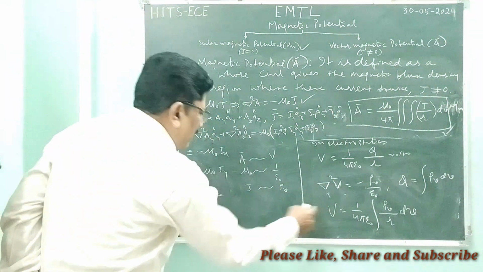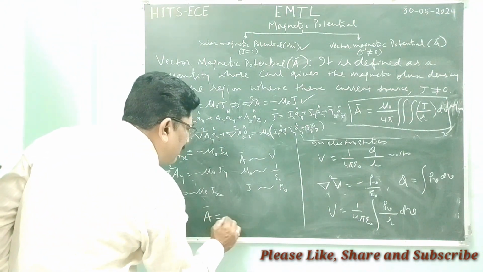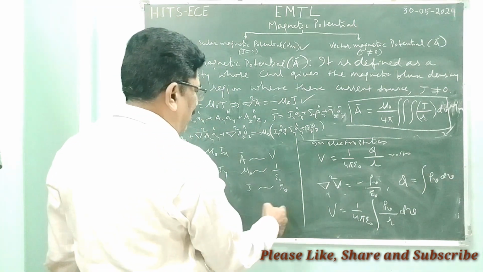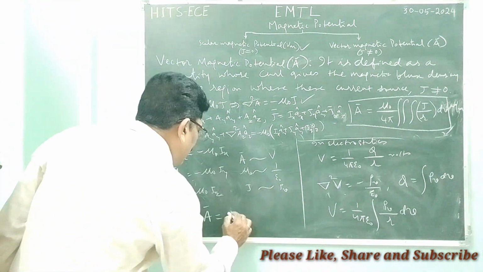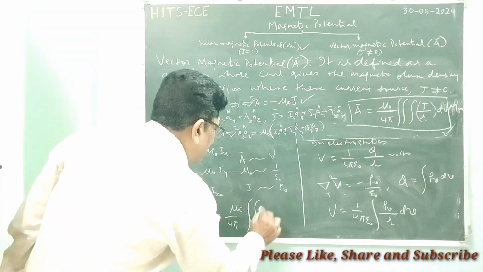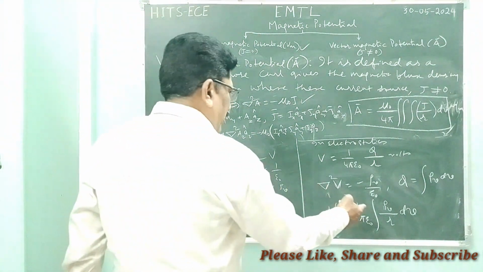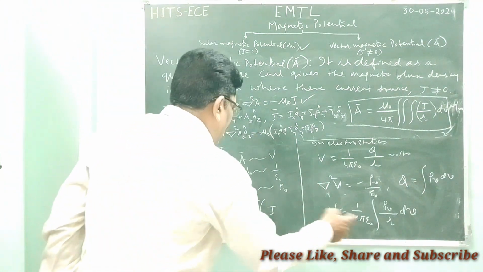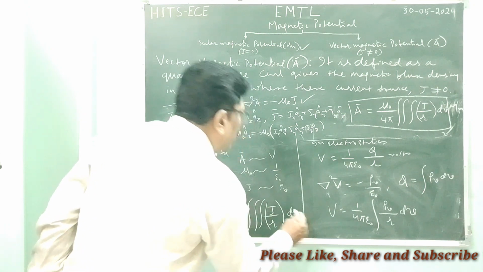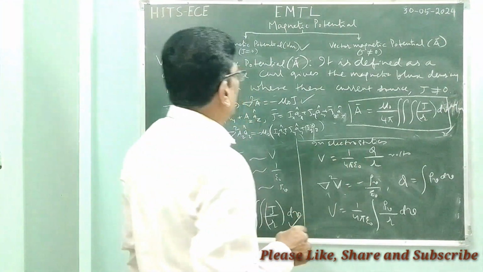So in place of V we write A is equal to mu naught by 4 pi integral J by R dV, since it is a volume integral. So we got the same equation. In this way it is proved.